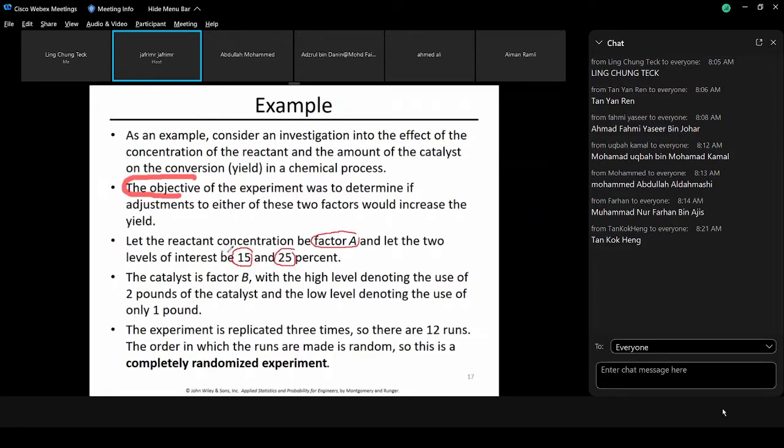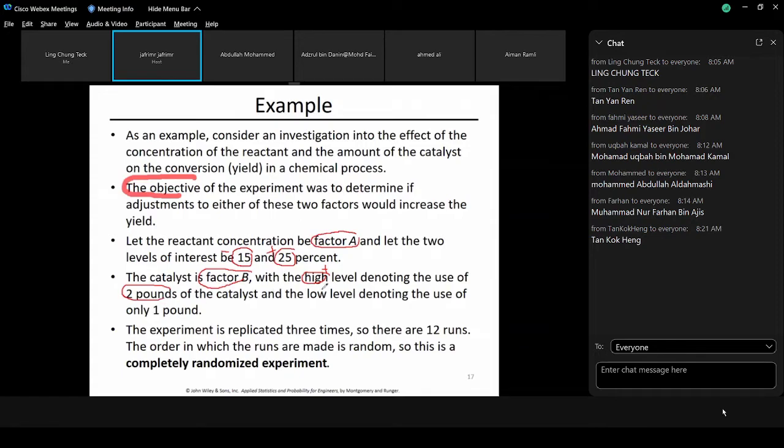Low is negative, this is plus. Factor B, high is plus, 2 pounds.